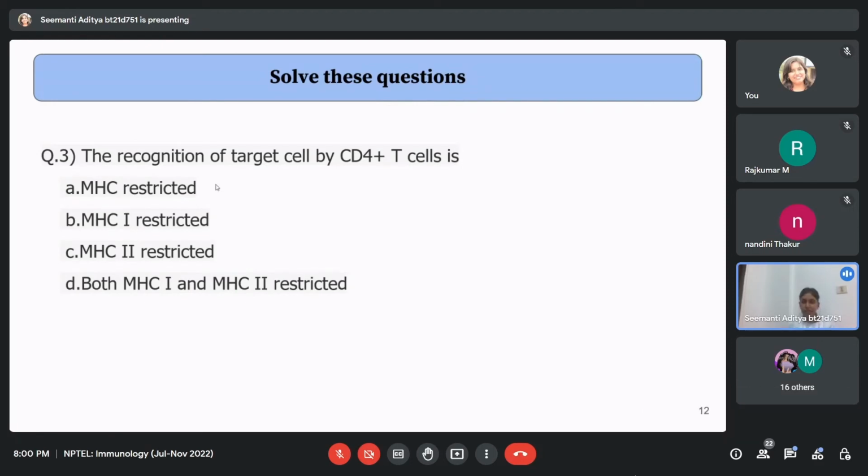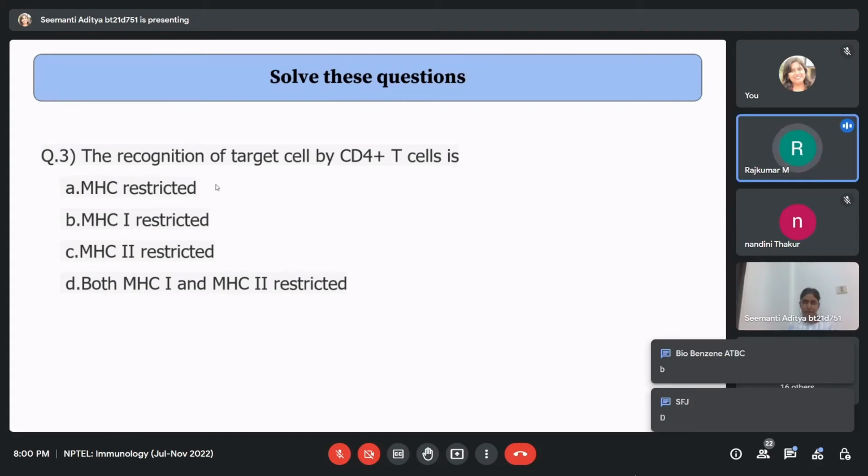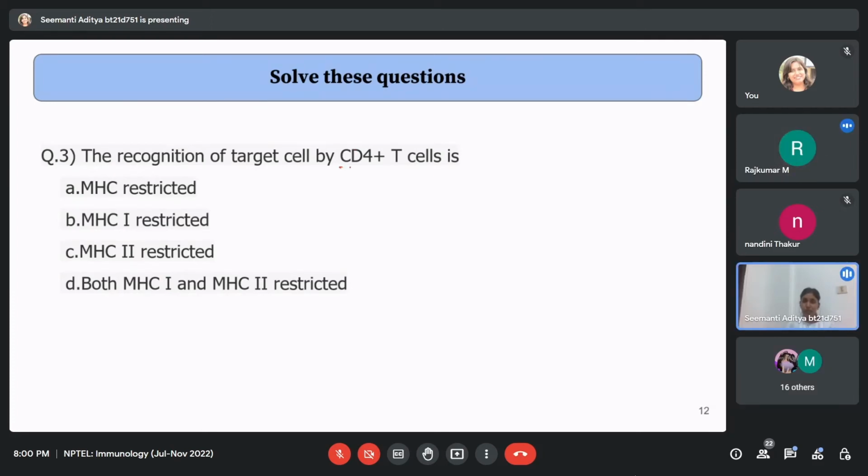So what is MHC restriction? Anybody knows? Ma'am, D option, ma'am. Both MHC1 and MHC2. CD4 plus T cells will recognize just one MHC. Which is that? This is T helper cells.